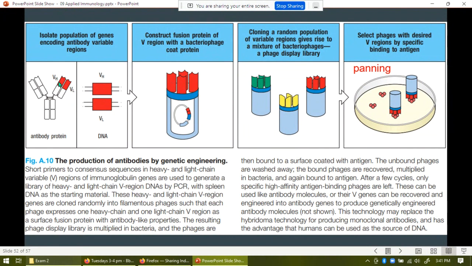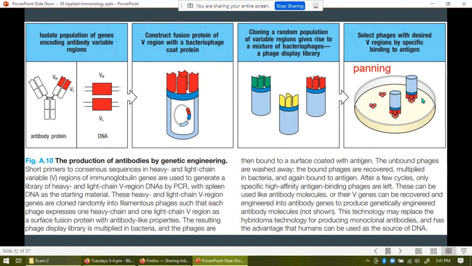You're only interested in the antibody that binds to the red antigen, though, so you're only going to want to keep the phages that have the red antibody pieces, right? You want to get rid of everything else because those are antibody fragments that don't bind to your antigen of interest. So you're going to have to pan or select for phages with the desired V regions by specifically binding them to an antigen on a plate.